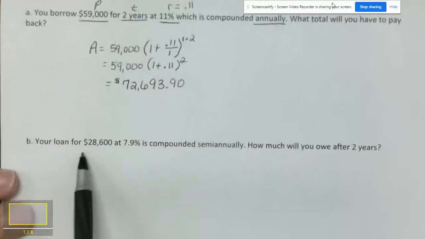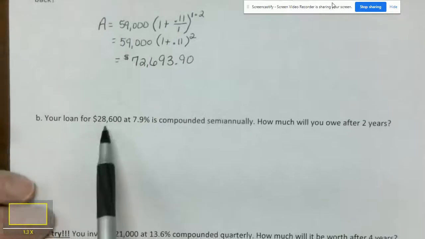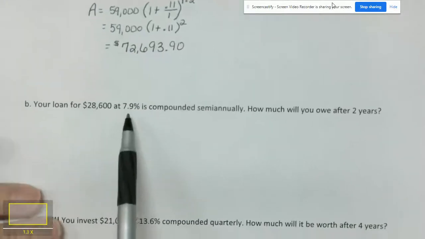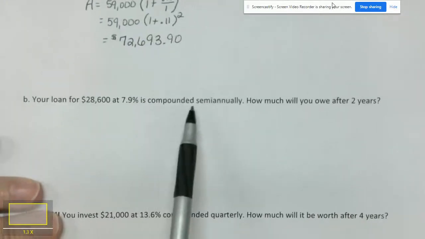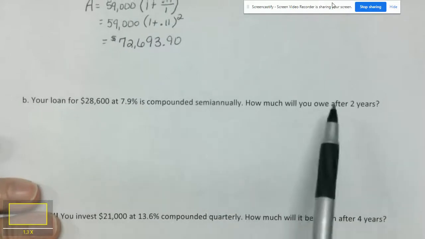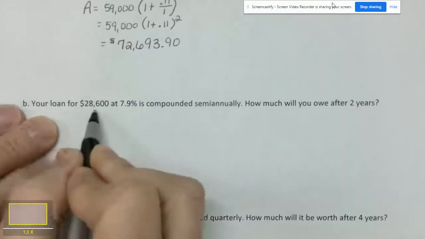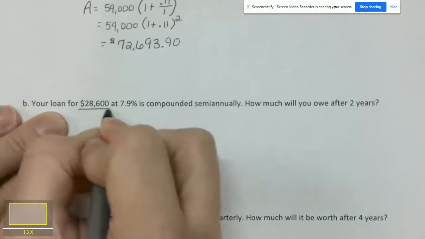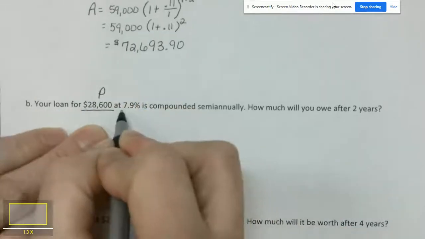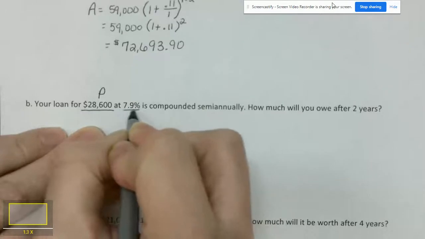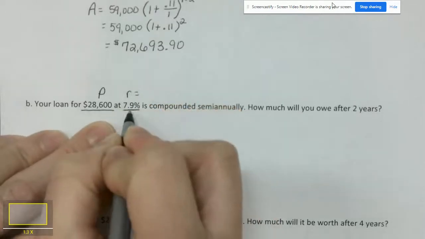All right. Your loan for $28,600 at 7.9% is compounded semi-annually. How much will you owe after 2 years? All right. So your loan for, this is my initial amount right here. So that's my P. At 7.9%, this is my R, and we're going to have to convert that.